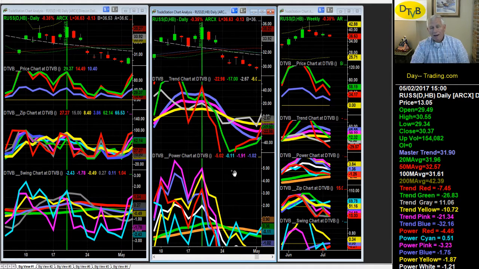And when that happens, then we get stronger movements. And so the correlation between whatever those powers are between trend red and power red, when those two are divergent, you get some really nice reactions.